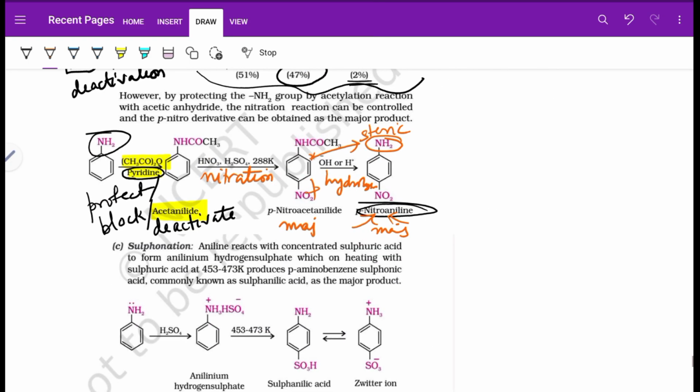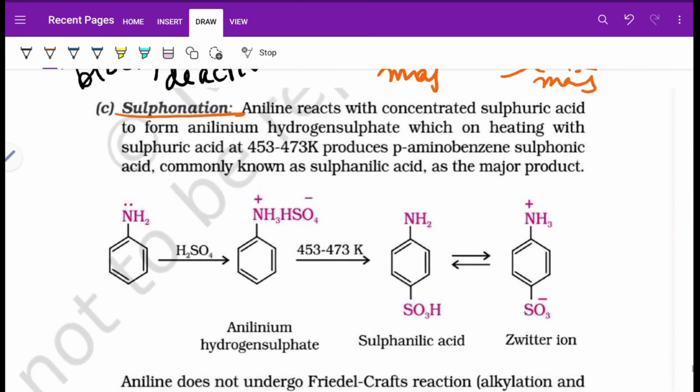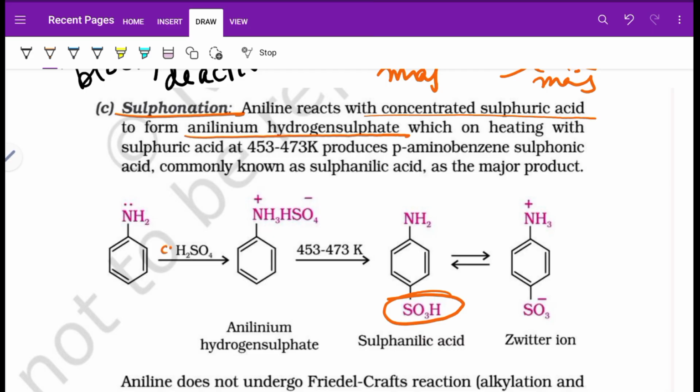So next, you have the sulfonation reaction, wherein we can see the sulfonic acid group, SO3H group, come in the para position. How? By reacting aniline with concentrated sulfuric acid, you get anilinium hydrogen sulfate.